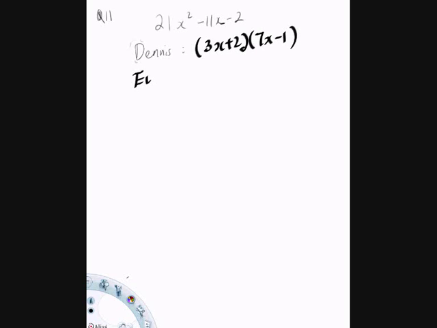And Eugene got this expression: 7x plus 1, 3x minus 2. So the question is asking you to check these two answers and state who got the answer correct.